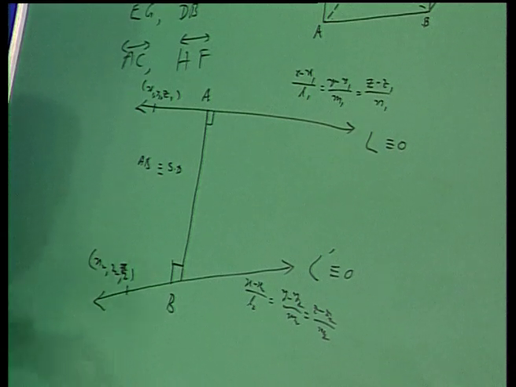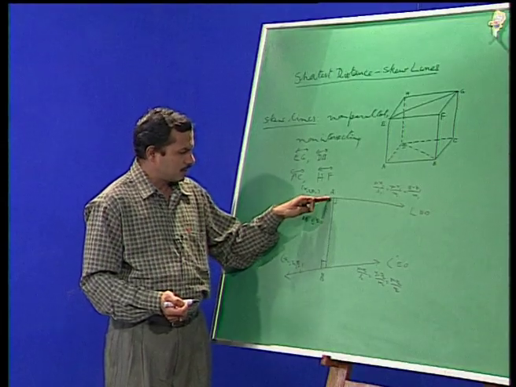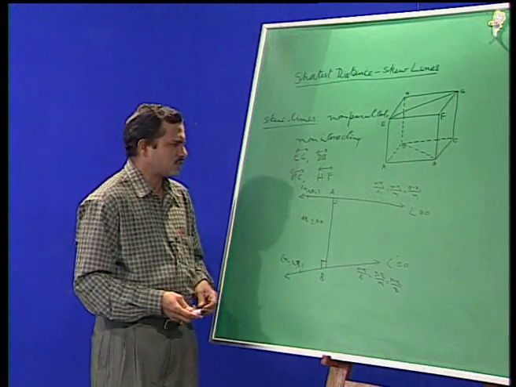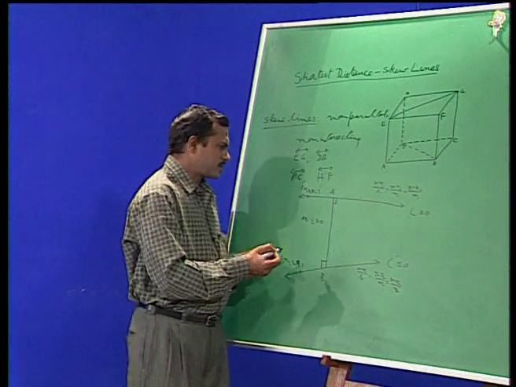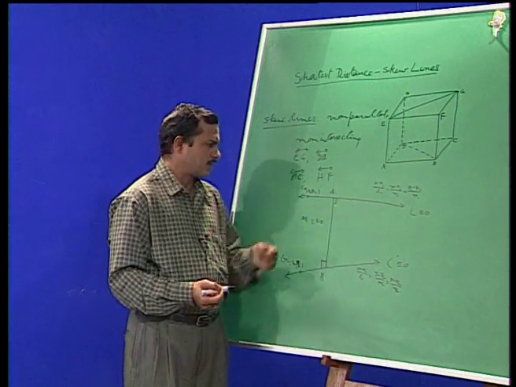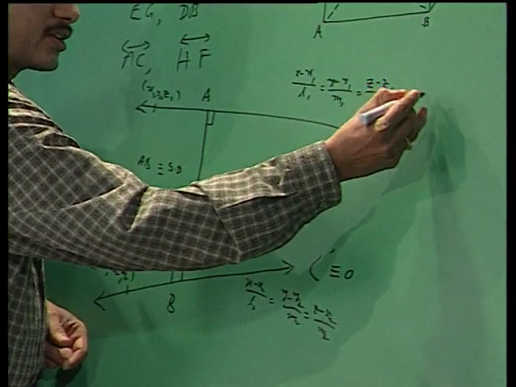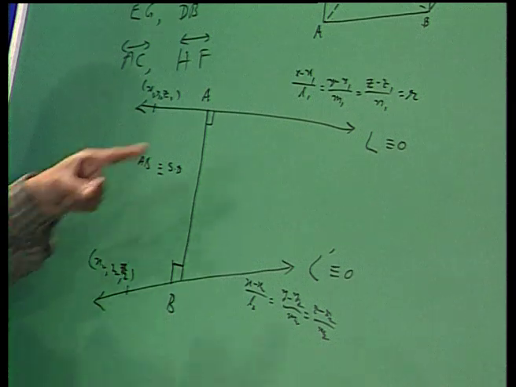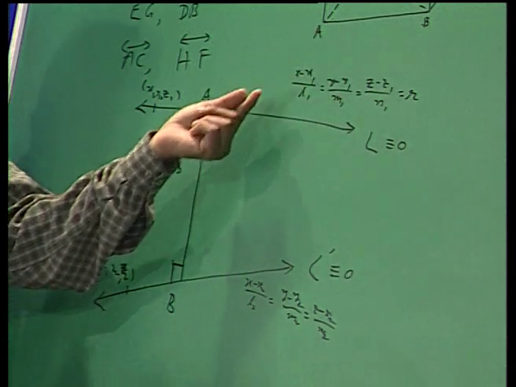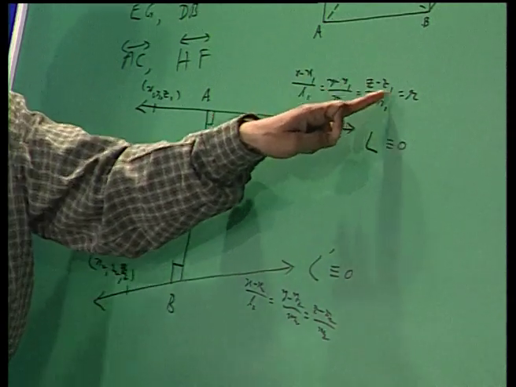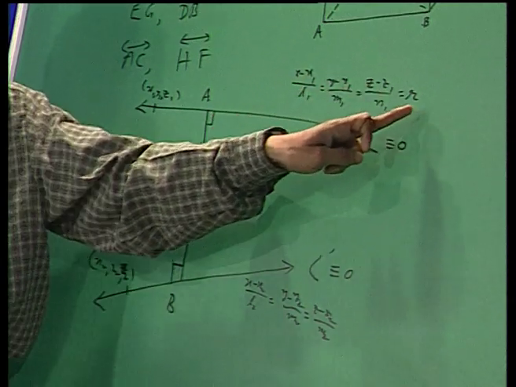Now, whenever we are given two lines, we can find out the length of this shortest distance. To do this, we may proceed as follows. Any general point on this line 1 can be obtained by taking these fractions equal to small r, and then from here we can calculate the values of the coordinates x, y, z in terms of x1, y1, z1, L1, M1, N1 and r.